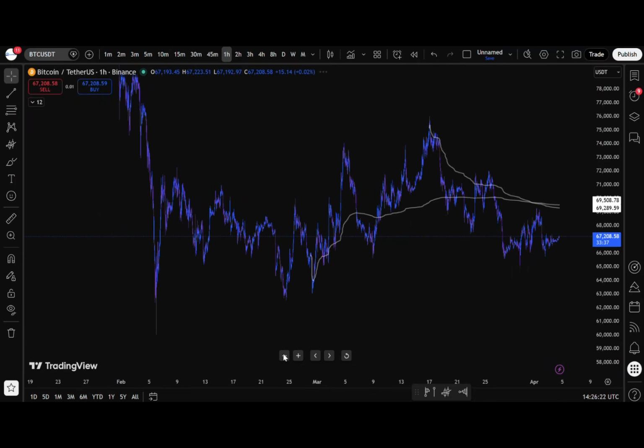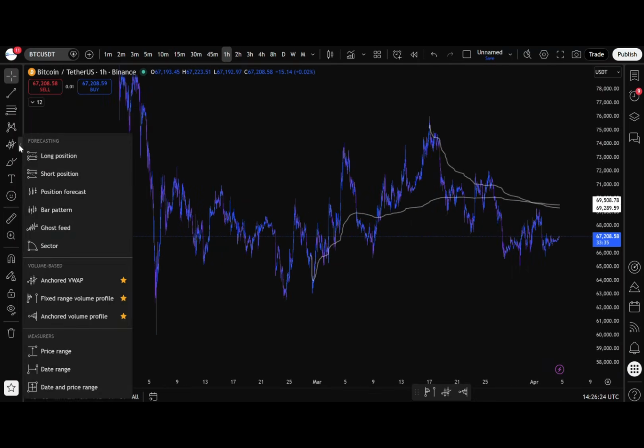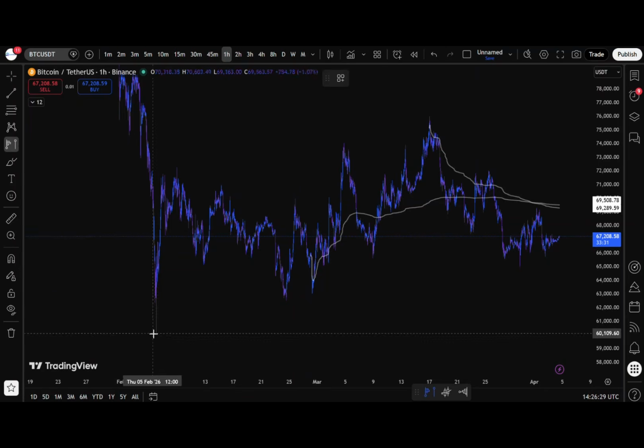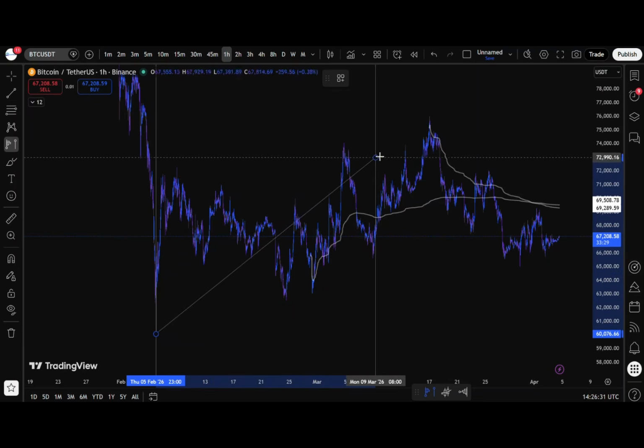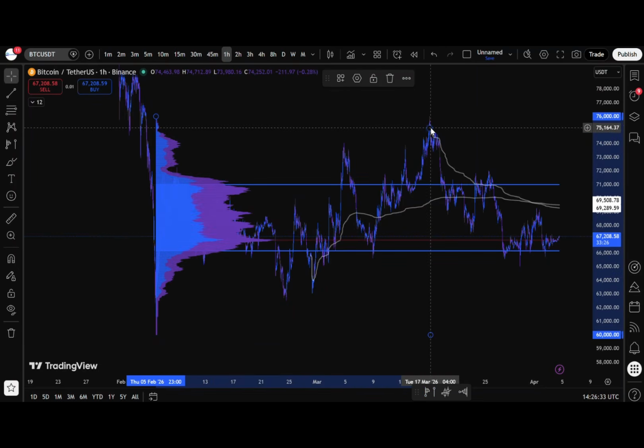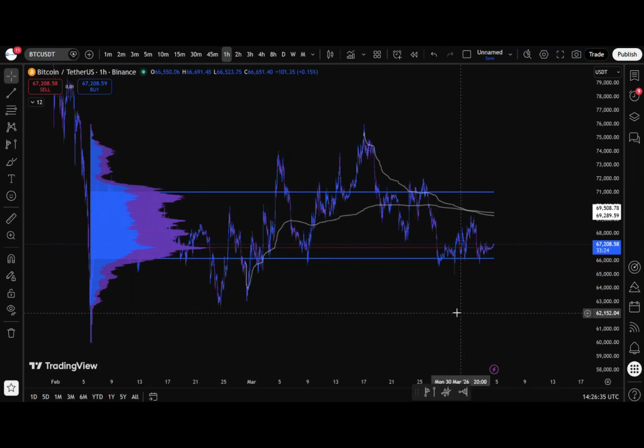Now, if we add our fixed range profile, take it from there to the anchored VWAP, we are going to see that, oh yeah, we need to put one more anchored VWAP just over here, and that's bringing it straight there.